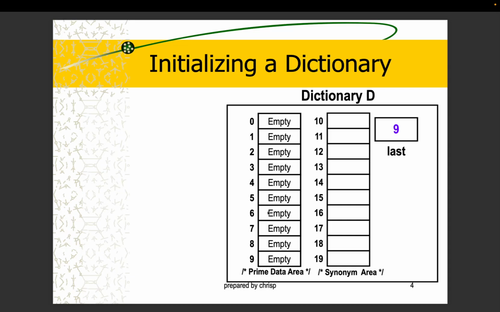We could also include deleted, but essentially, initializing the dictionary is setting all of your prime data area values to empty and setting your last value to be the last index of the prime data area, or the unused value here. It could depend on what the instruction says. But in this case, we're representing the last to be the last value in the prime data area.